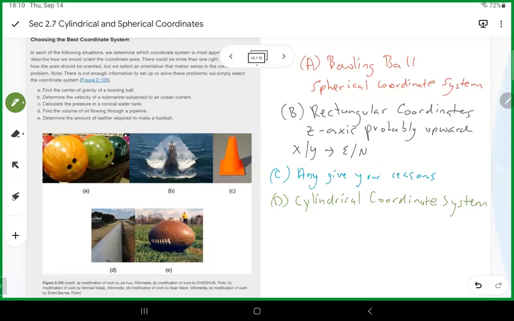And in this case, however, we would likely choose to orient our z-axis with the center axis of the pipeline. So the z-axis is equal to the center axis of the pipeline.